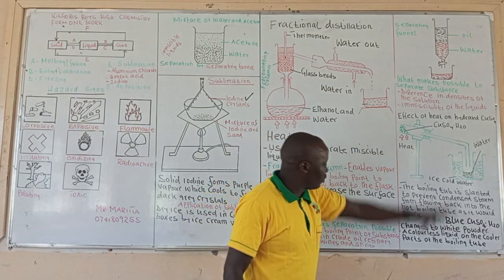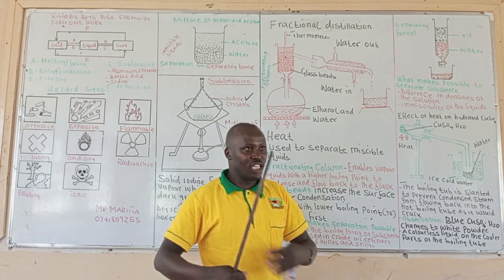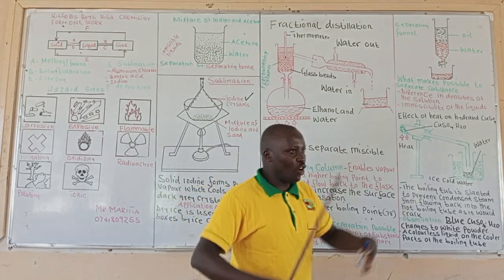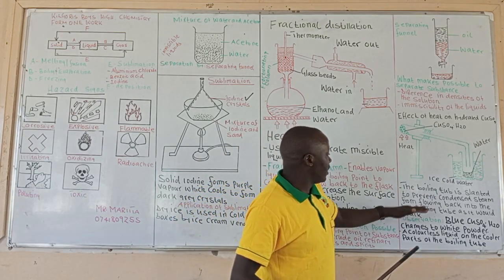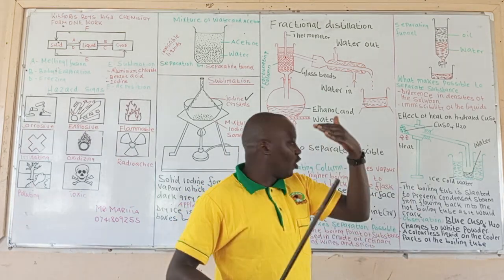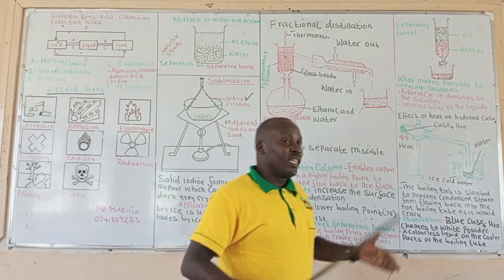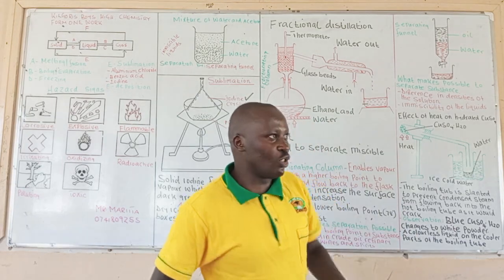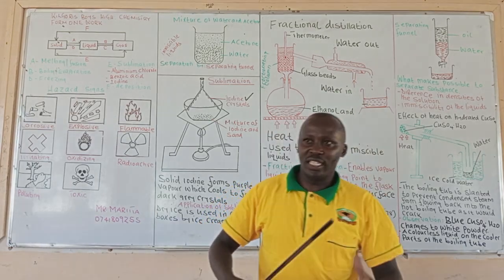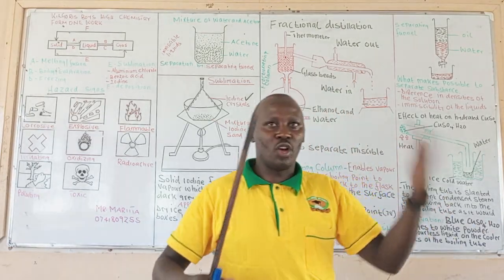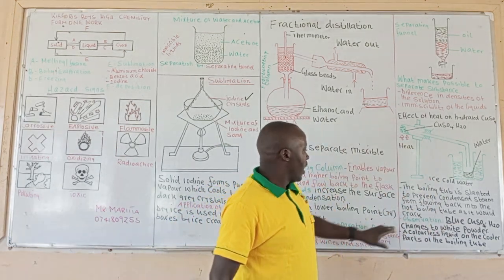What you understand from this diagram is the orientation of the boiling tube. The boiling tube is slanted downward to prevent the condensed steam from flowing back into the hot boiling tube, which may crack it.